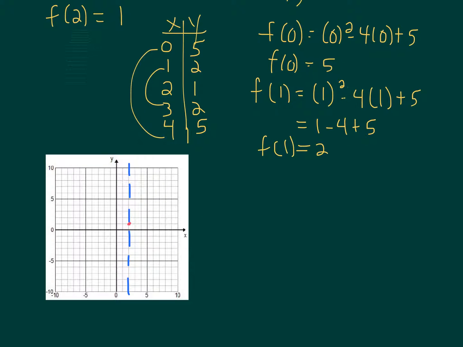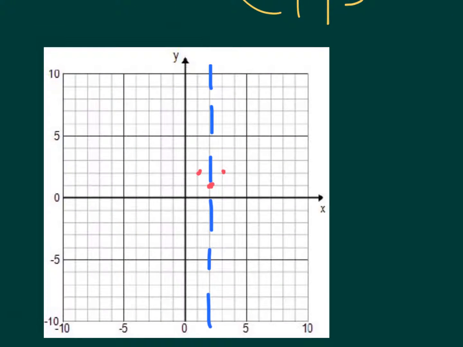And then my next point is 3, 2. And 1, 2 is its twin point. Zoom in here. And then 3, 5, and 0, 5. So there is our quadratic.